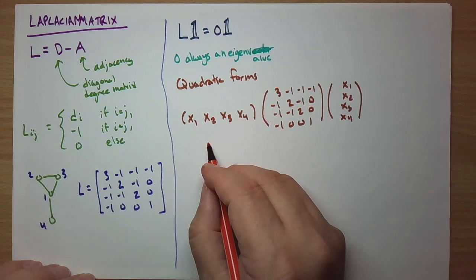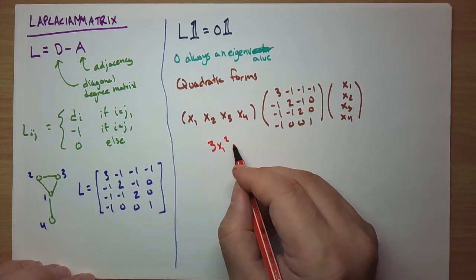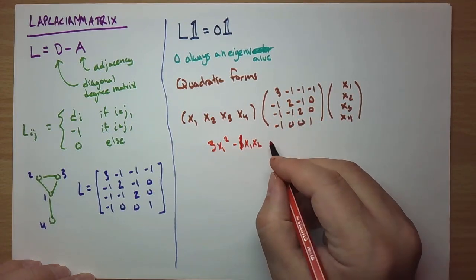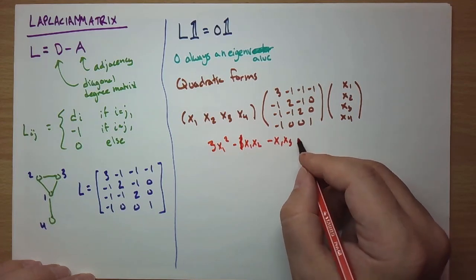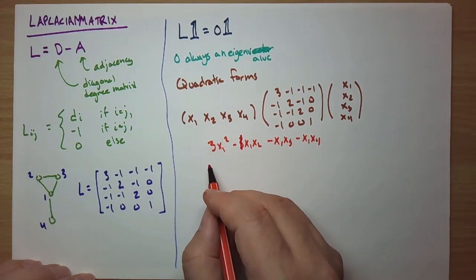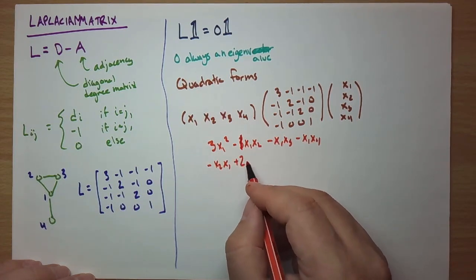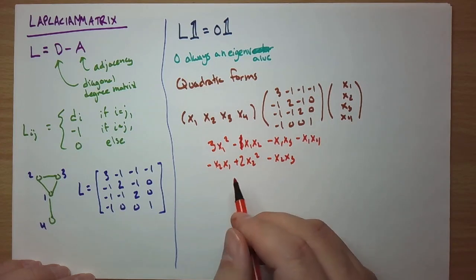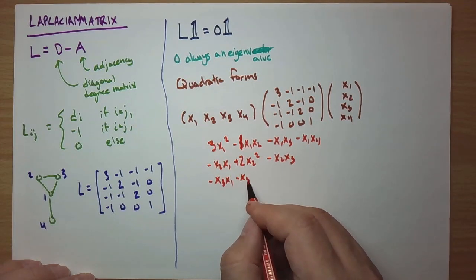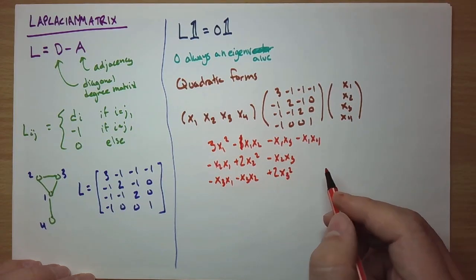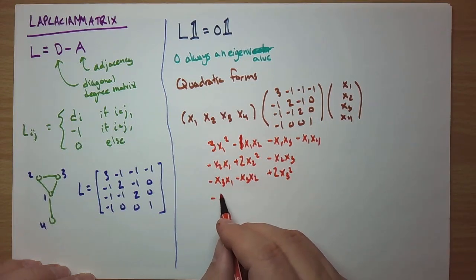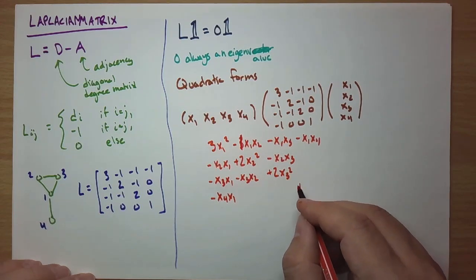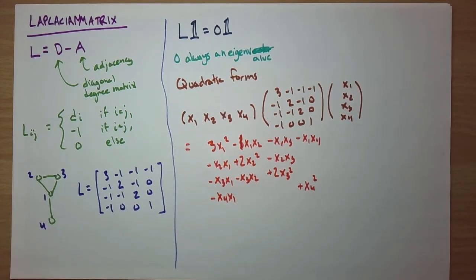So this is really 3 x1 squared, then minus 1, sorry about that, minus x1 x2, minus x1 x3, minus x1 x4, and then minus x2 x1 plus 2 x2 squared minus x2 x3, then 0 x2 x4, minus x3 x1 minus x3 x2 plus 2 x3 squared, 0 x3 x4, minus x4 x1, 0 x4 x2, 0 x4 x3, and then plus x4 squared. So if you carry out that multiplication, that's what you'd end up with.